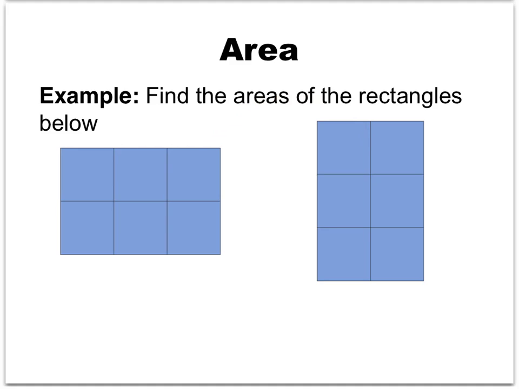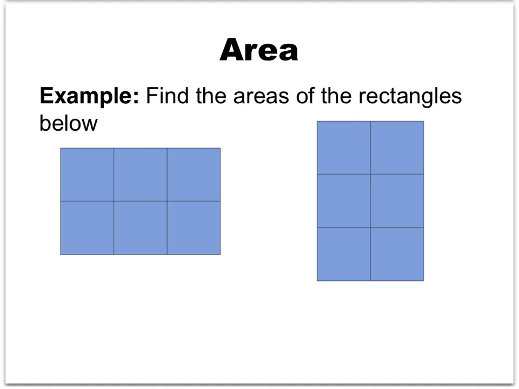Well, if we just rotate a rectangle, that's not going to change the area. It may change how we calculate the area, but it's not going to change the actual area itself. So let's use our definition of area to calculate the area of these two rectangles.